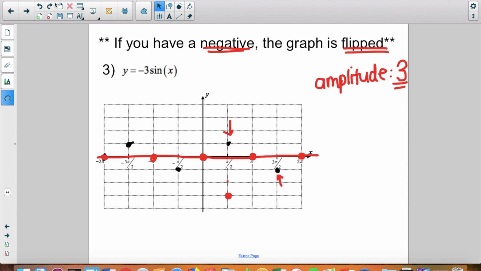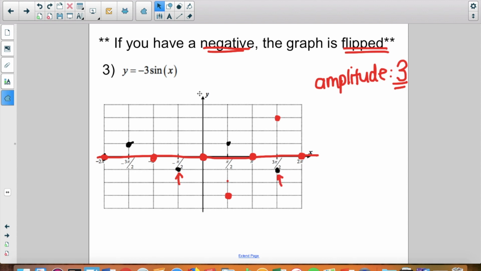So now this point here, let me just get rid of this arrow. That point there, instead of being below, it's going to be above. And we have to go 3 points above. So 1, 2, 3. Now, get rid of that arrow. We're not looking at that point anymore. We're looking at this one now.